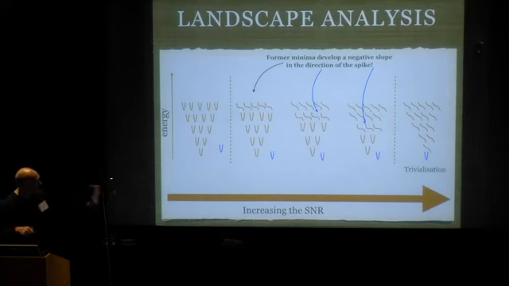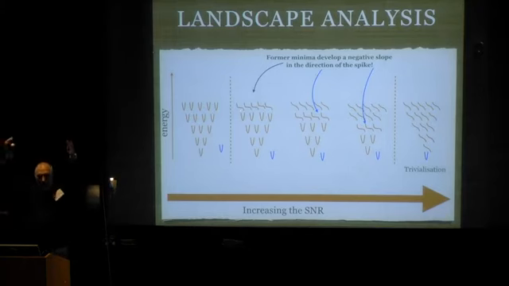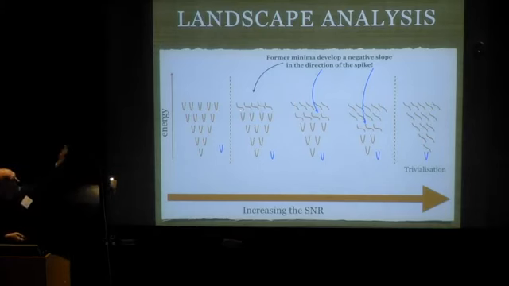And when I increase the SNR, what we see from Krzakala's analysis is that not only those that were minima here now have a negative direction, but those start to have a negative direction too. And when you increase the SNR, you go deeper and deeper, and all of these start to have a negative direction that goes in the right direction. Okay, so those that were minima start to develop a negative direction in the direction of the spike. So let's change everything.